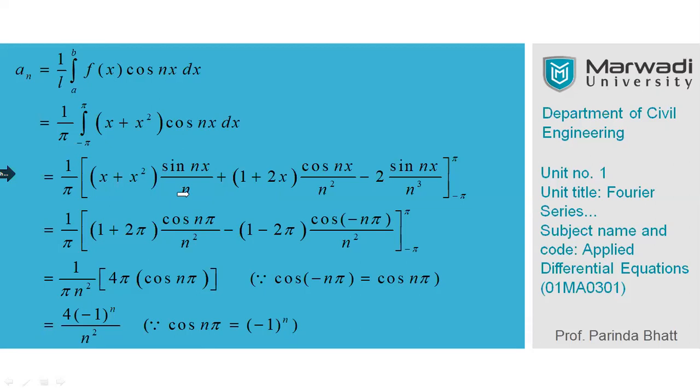That is minus cosine, and in the Leibniz rule the middle sign is minus, therefore minus minus plus, right? Then differentiation of 1 plus 2x is 2, and cosine integration is sine divided by n cube.